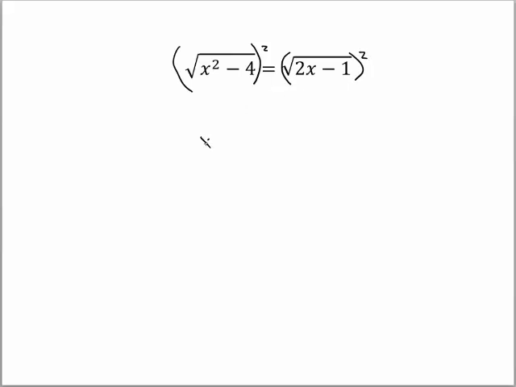So we end up with x squared minus 4 equals 2x minus 1. We combine like terms and we get x squared minus 2x. We'll write them in decreasing order. Minus 3 equals 0.